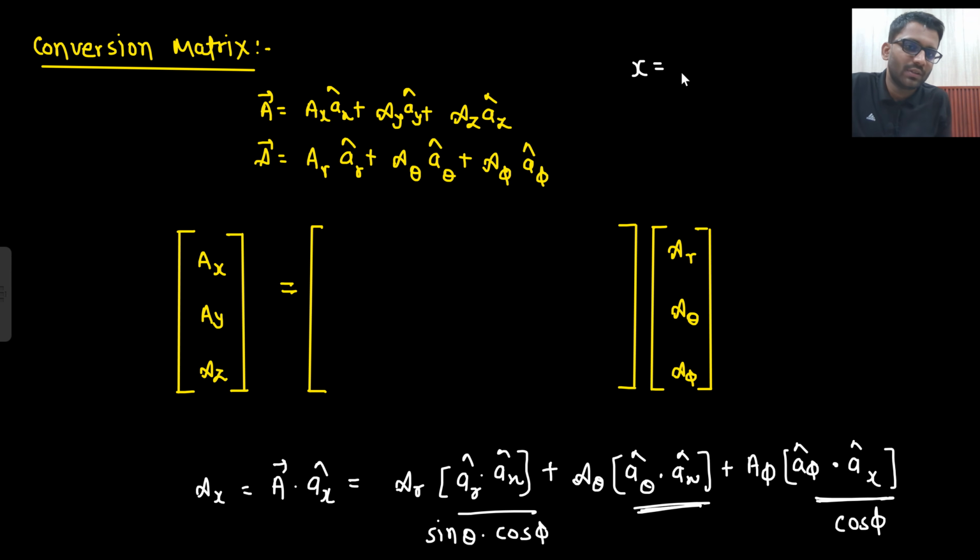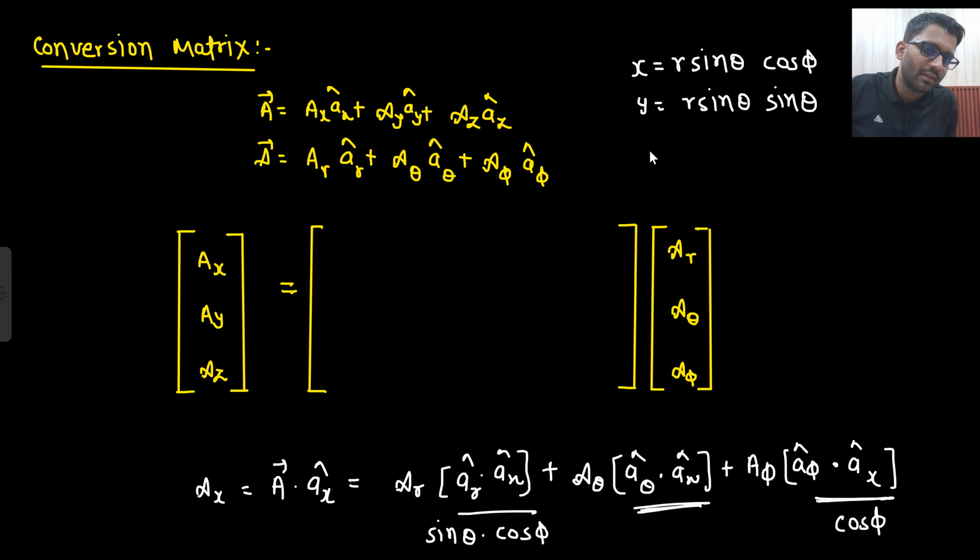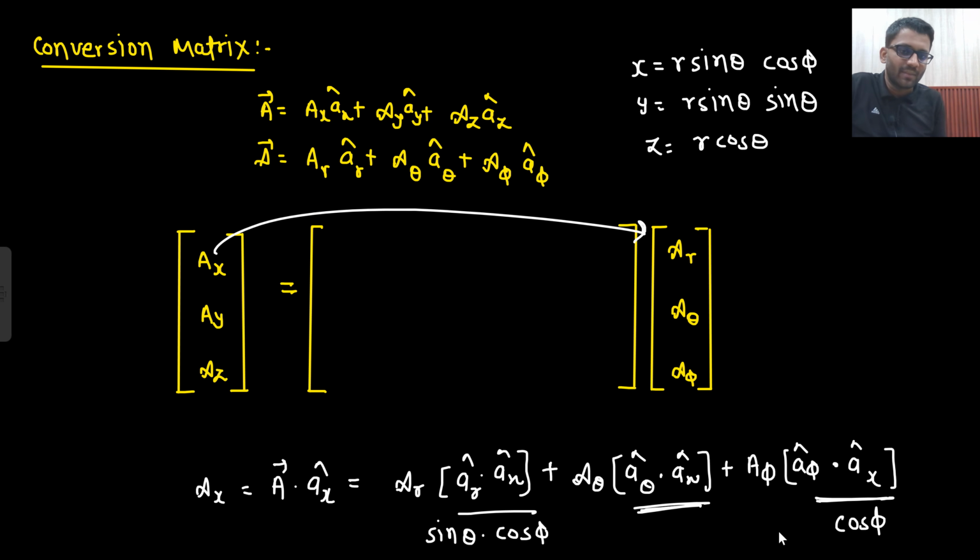X equals to what do you know? X is equal to R sin theta cos phi. Y equals R sin theta sin phi. And Z is equal to R cos theta. Now X to R I am going.